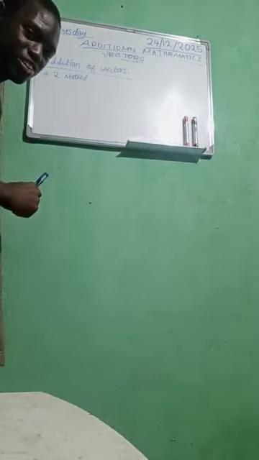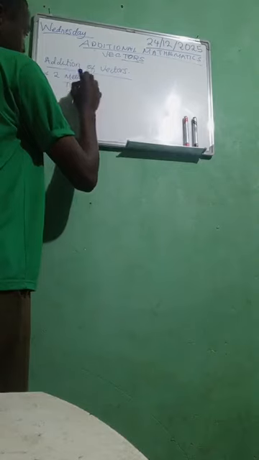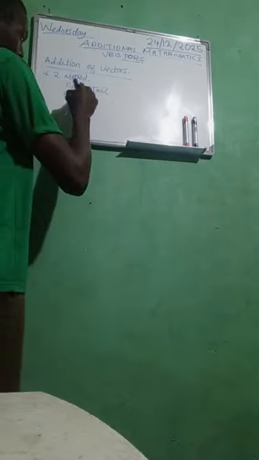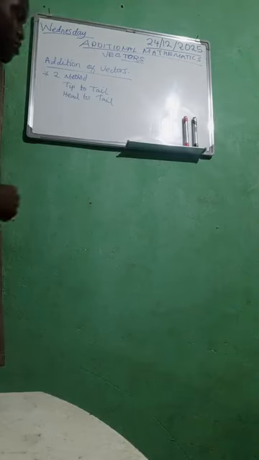The second rule is called tip to tail. Tip to tail, head to tail. This is the same thing. So the tip can also be the head when we're talking about vectors.